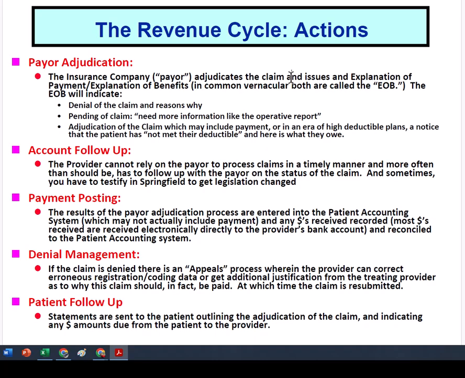Most states have some kind of a provision that the insurance companies have to pay on a clean claim, where all the pieces are there, within 30 days, or they have to pay interest.